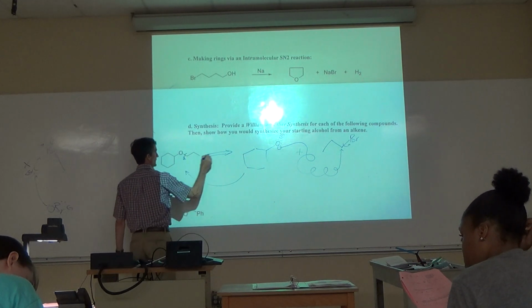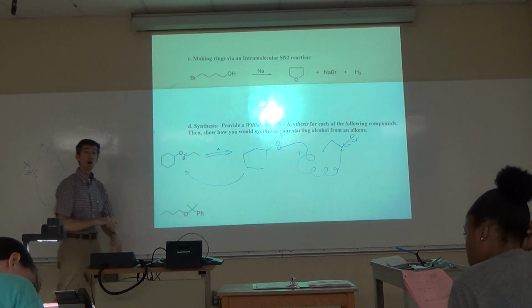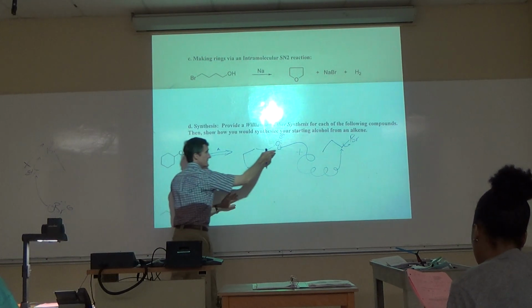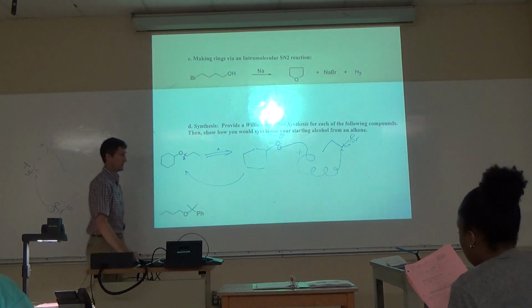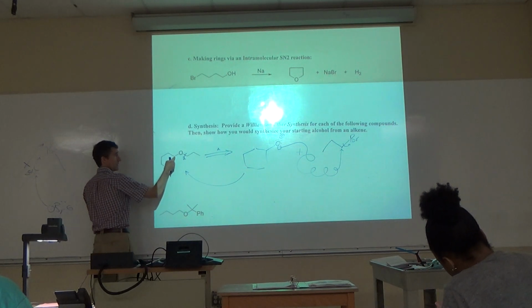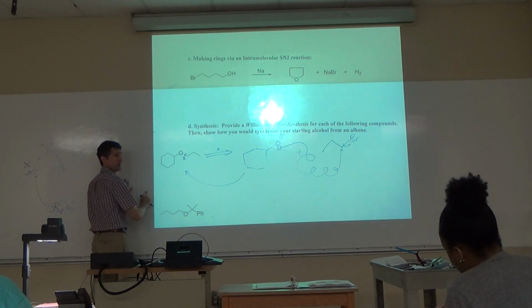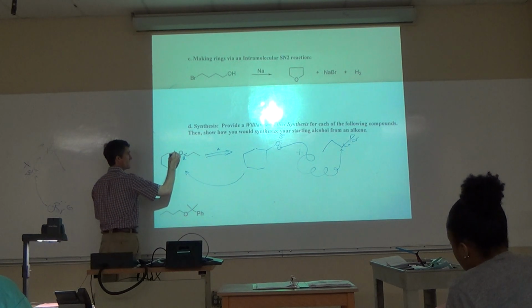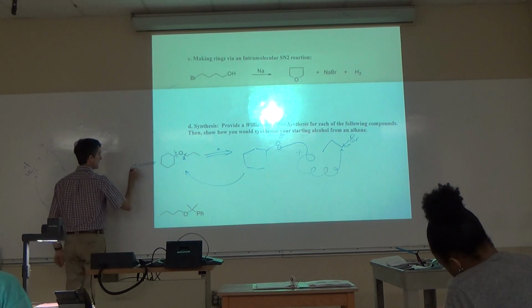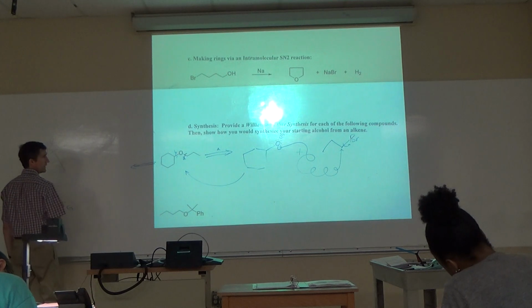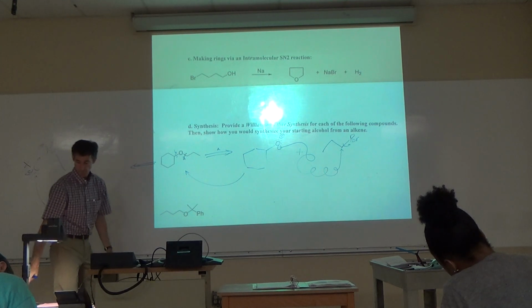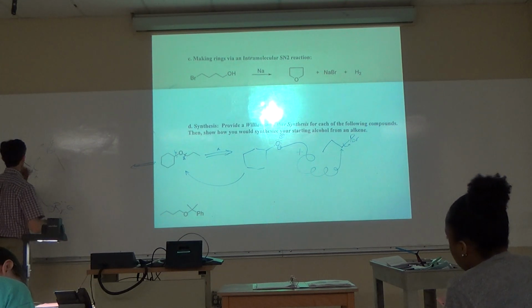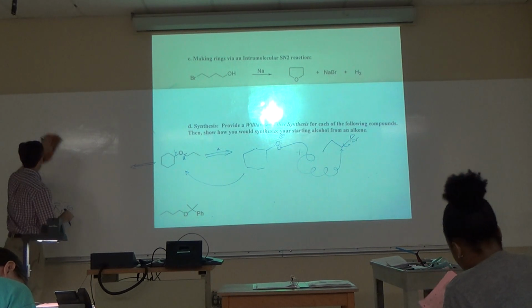We'll call that the A. Could we go back to some other O minus and carbon with a leaving group? Maybe we could make this bond over here instead. Let's call that B. And that would go back to what? What would be the starting materials to make the B bond?